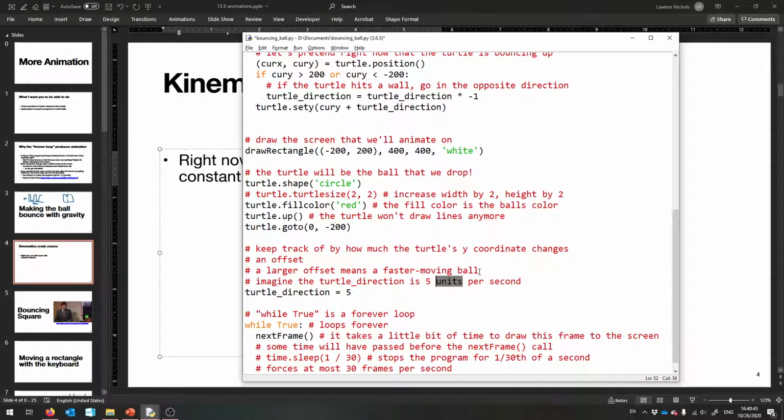You can think of it as 5 pixels per second, or something like that. It's really per frame, actually. 5 pixels per frame. So that's what we want. Let's pretend that frame is per second, just to make things easier, it's really per frame.